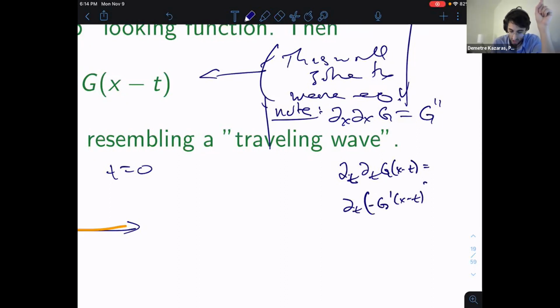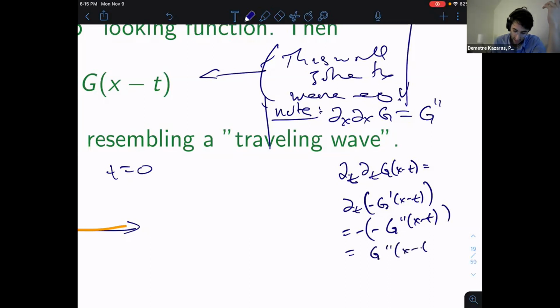So it's minus g prime. And then let's do it again. So it'll be minus the derivative of g prime with respect to t. That'll be g double prime of x minus t times the derivative of the inside function, which is again -1. So the -1's cancel, and we just get g double prime of x minus t.